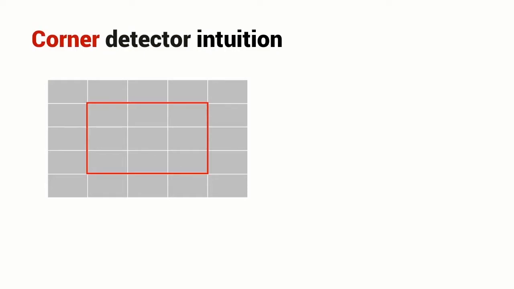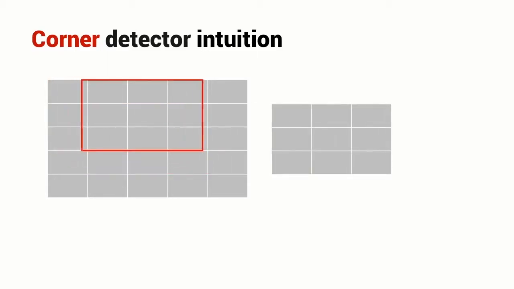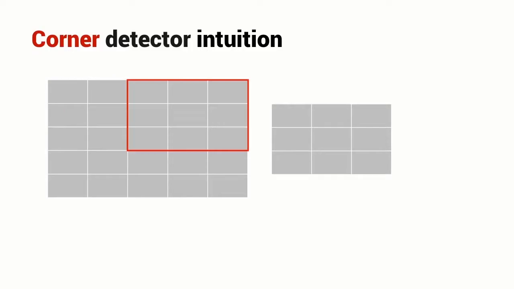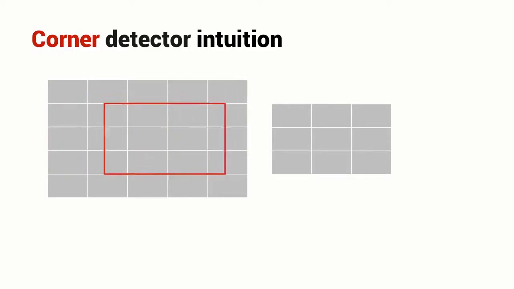Each of the grey rectangles represents a single pixel, and we're going to consider a central 3x3 region of pixels. All of these pixels have got exactly the same value. That's why they're shown with the identical shade of grey. I'm going to chop out this central 3x3 region, and I'm going to compare it to a whole bunch of neighbouring 3x3 regions. And you can see that they are the same.